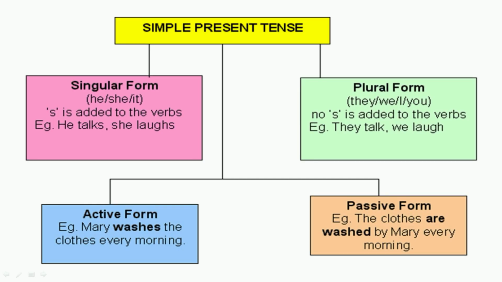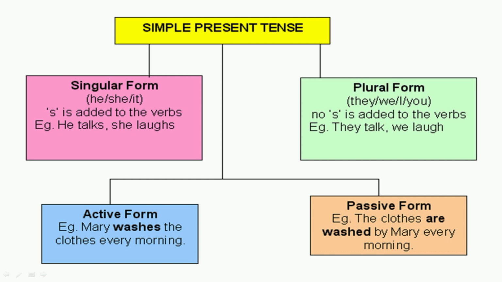Okay, simple present tense: its singular form and plural form. The formula: the S is added to the verb when we are talking about he, she, third person. For example, he talks, she laughs. He talks: the verb is talk and we add the S ending here.